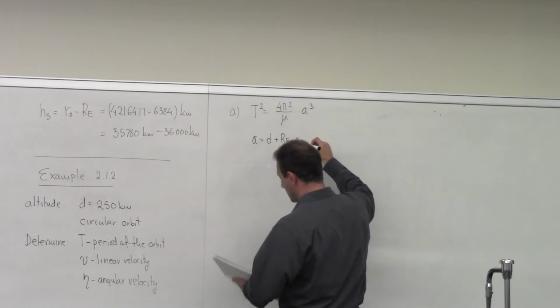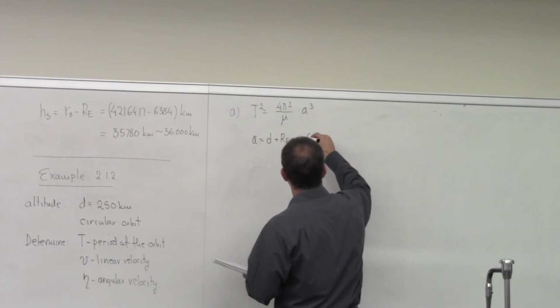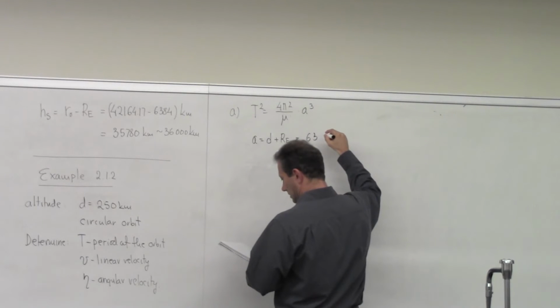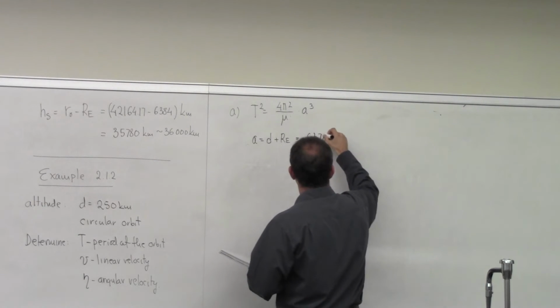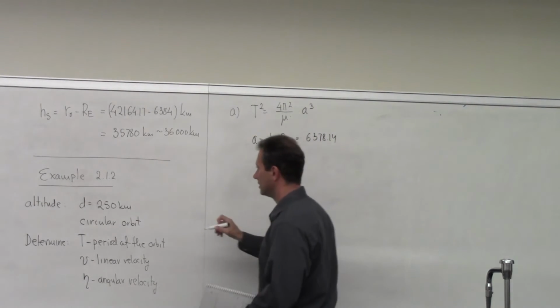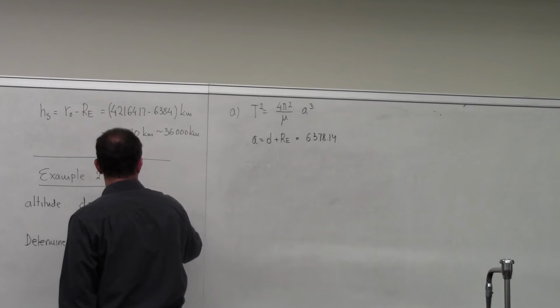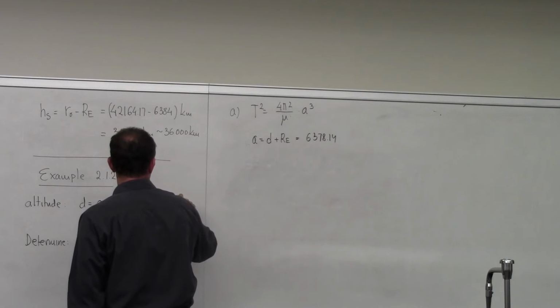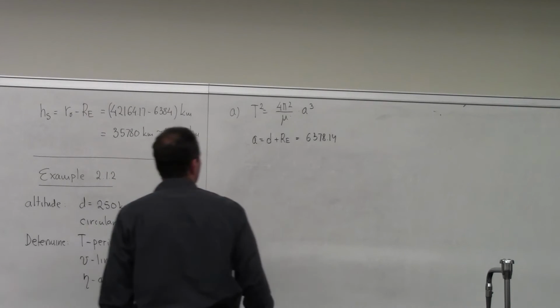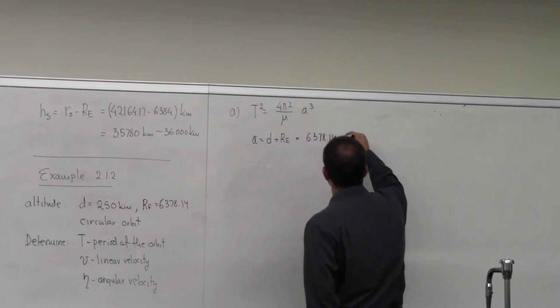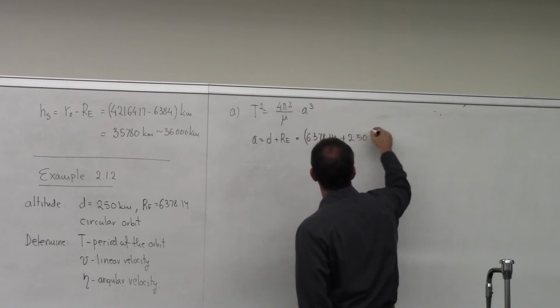So here we have R E is equal to 6378.14, and then plus 250, everything in kilometers.